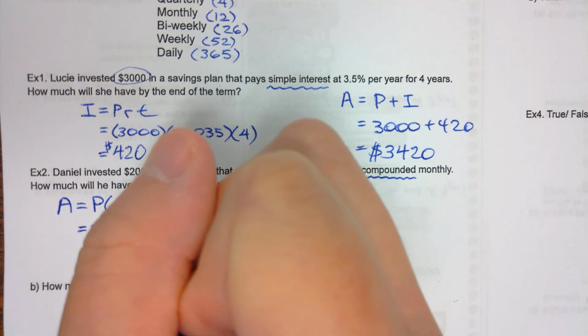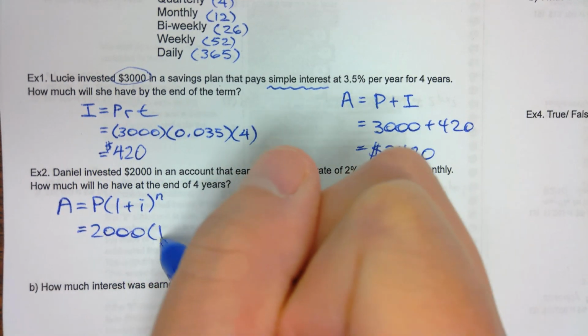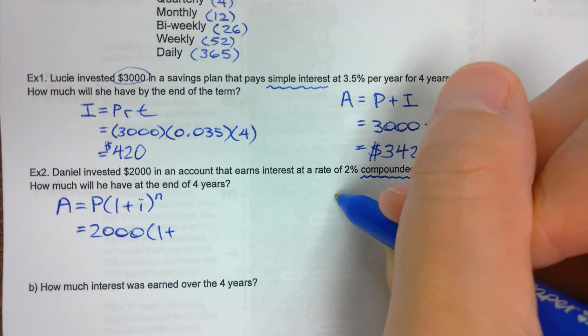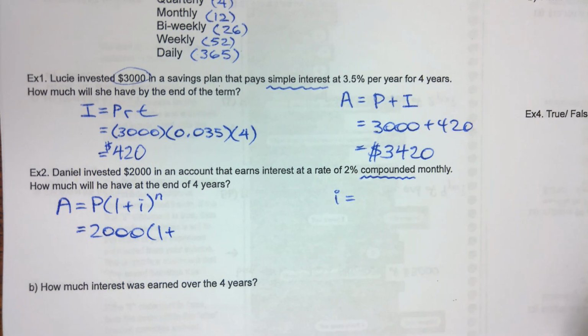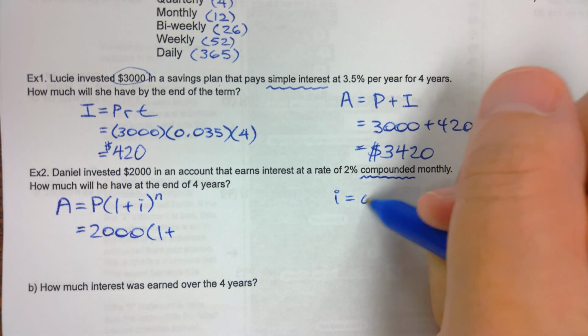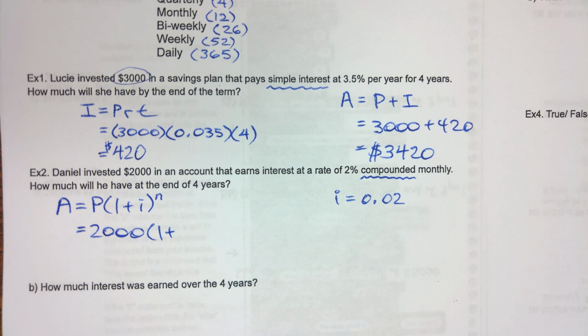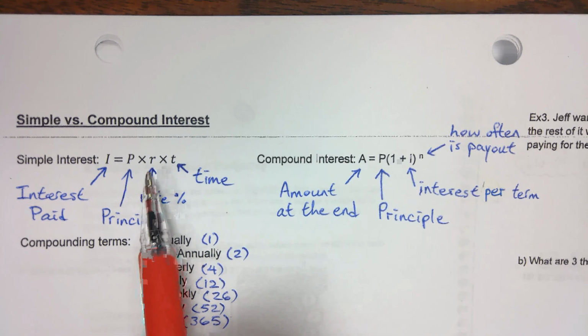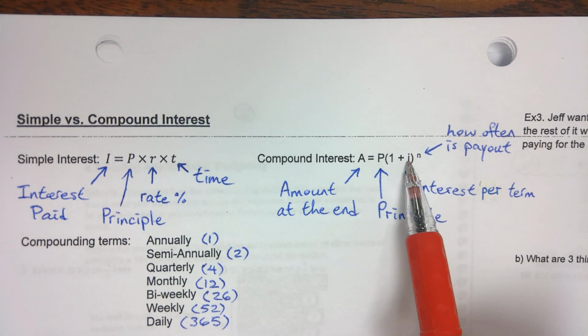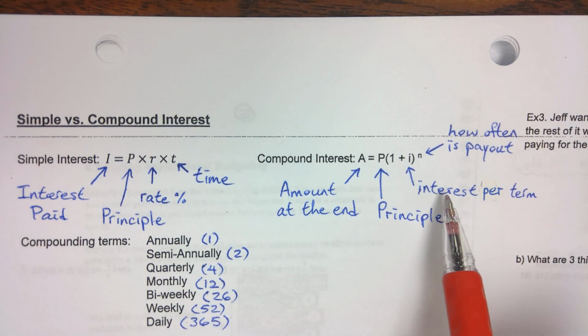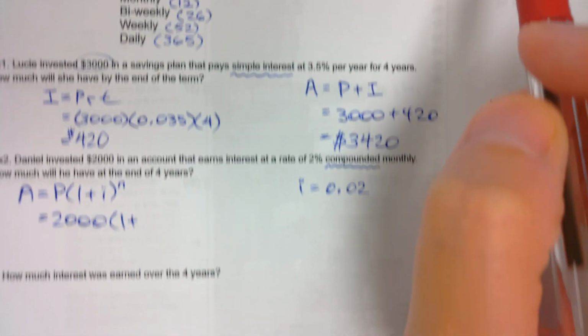So $2,000 to start off, 1 plus. Now this is the part where I is not just 0.02. What do I have to do with this 0.02? Felix? Notice here, this one is R and this one is I. So I is the interest per term.